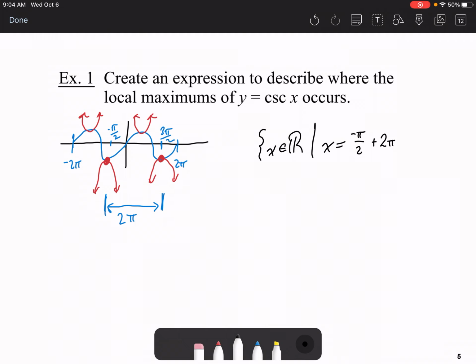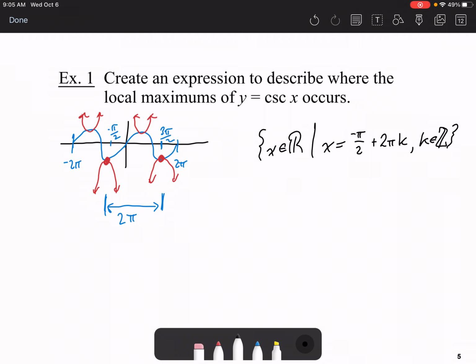And how you write a multiple of 2 pi is 2 pi, and you multiply it by a variable k, where k is an integer. And this is how you go about writing an expression to actually find where the local maximums occur.